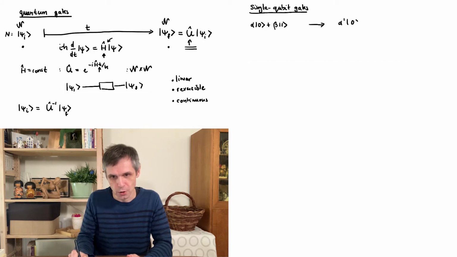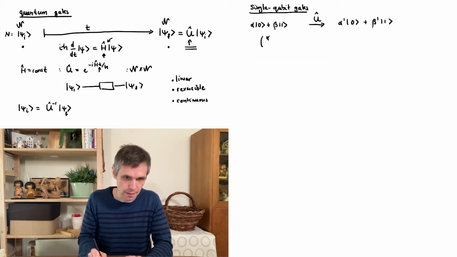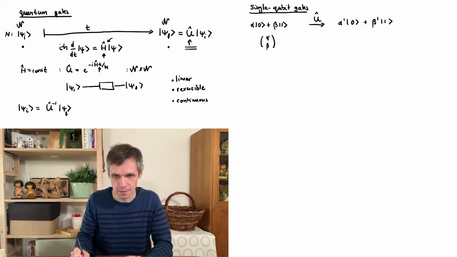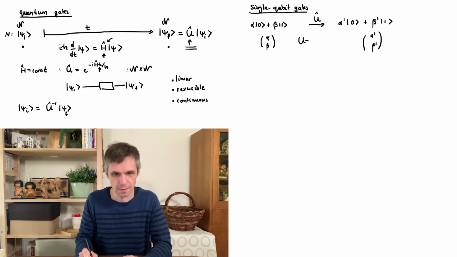So simply change the amplitudes alpha and beta into, say, alpha prime and beta prime. And this will then always be represented by a unitary operator U. In this basis, we can of course look at these states also just as ordinary vectors. And in this case, we just have here a unitary 2x2 matrix U.